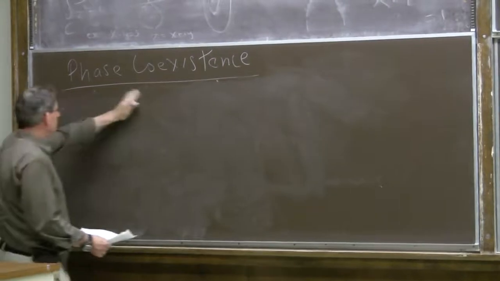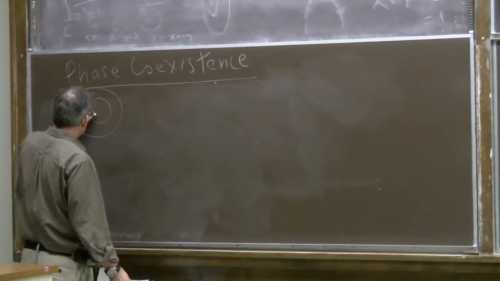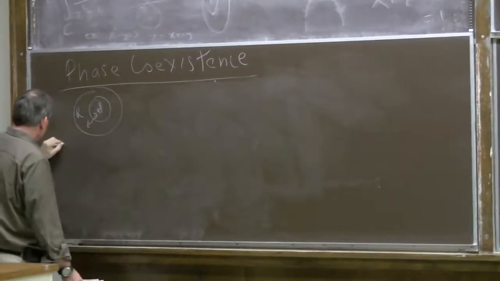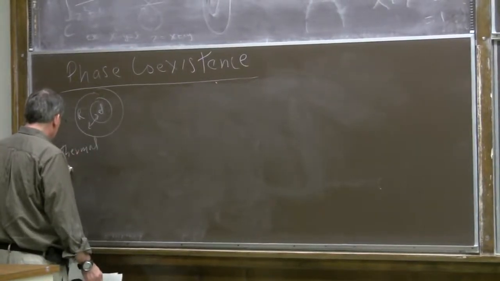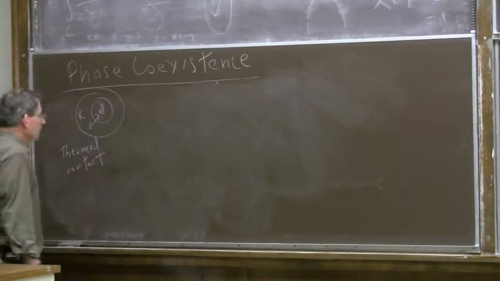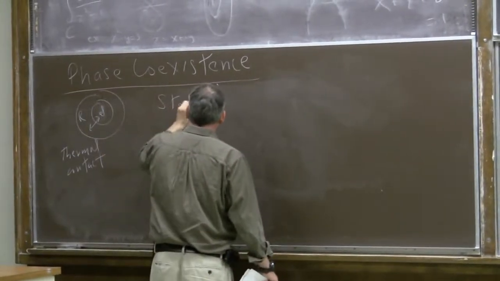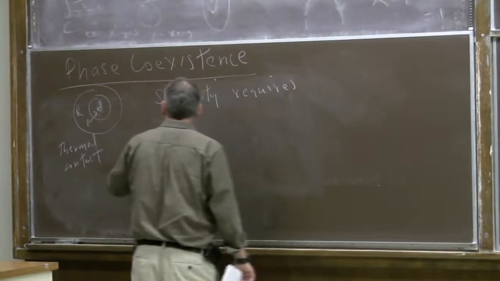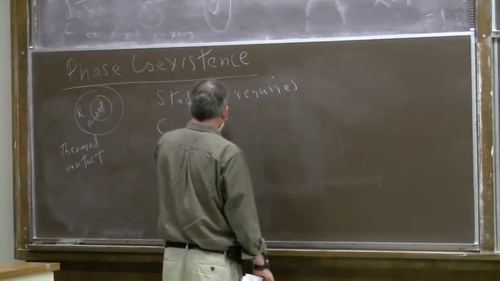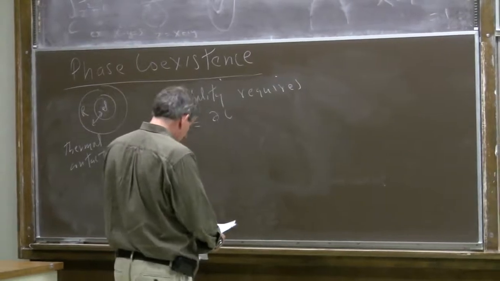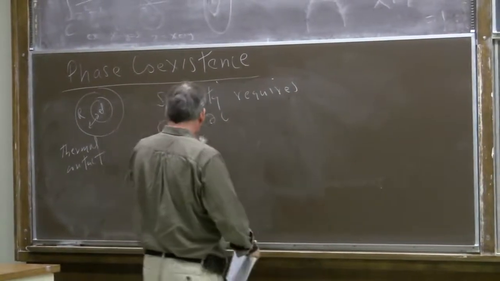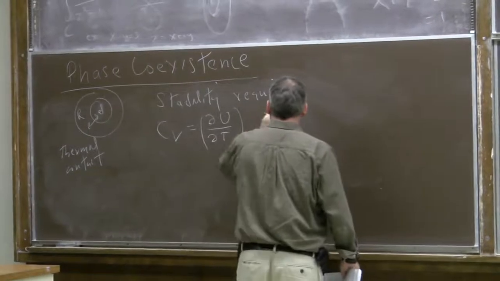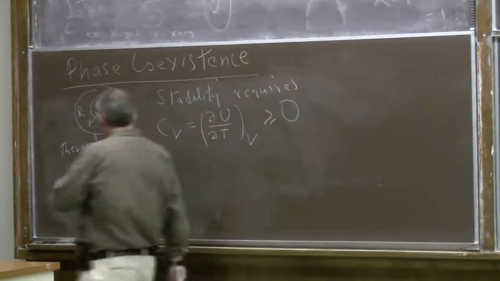In the case of a system in thermal contact with a reservoir, stability requires the heat capacity, the derivative of energy with respect to temperature, to be non-negative.